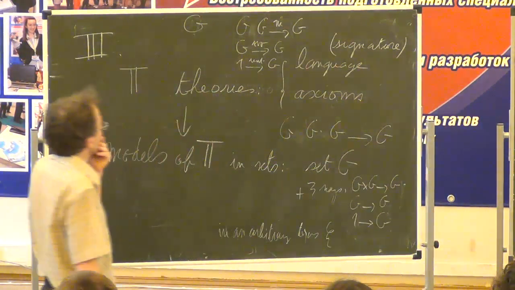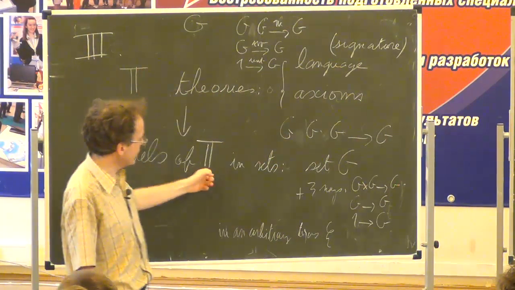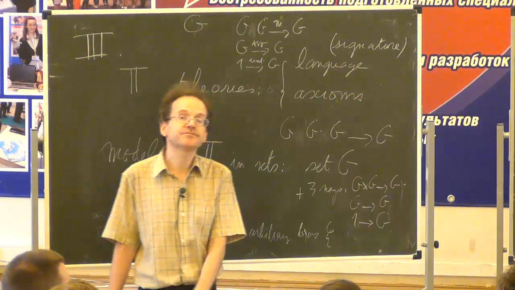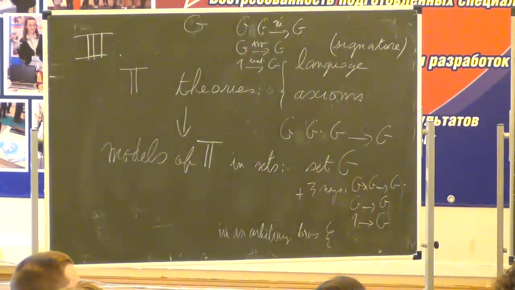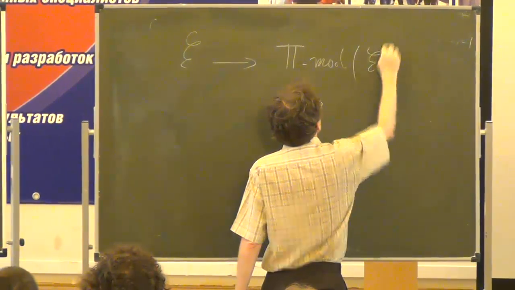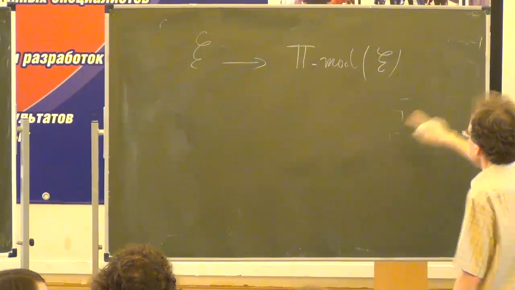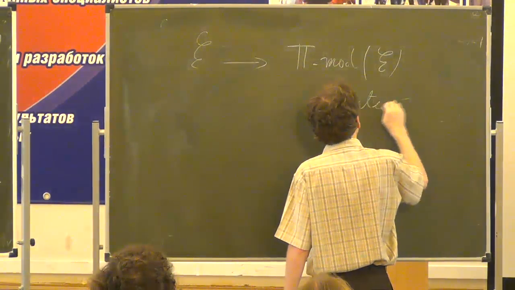Okay, so when you have such a theory, you can consider models of this theory in sets, and more generally in a topos. And so this means that when you have a topos E, you can associate to it the T models with coefficients in E. And these are objects of the topos, but usually this will become a category.